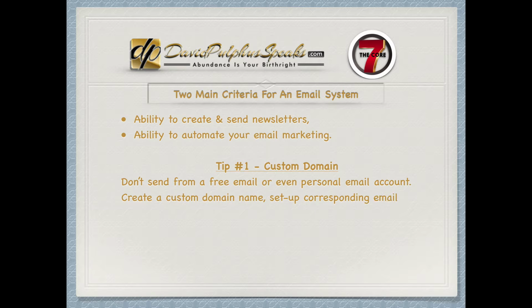You want to create a custom domain, set up the corresponding email account, and then use that new business email and put that into your autoresponder, which is another word for your email system. From there, it increases deliverability. It makes you stand out. It makes you look more professional. It looks more sleek. It's just a bunch of benefits that's going to help your business become that much better.